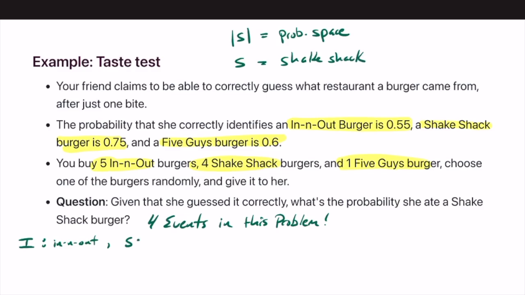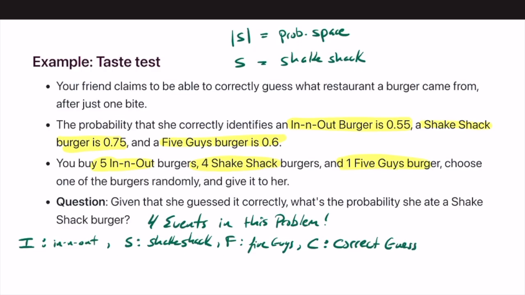Okay, so S is Shake Shack, and let's go F for Five Guys, and then we will have C for a correct guess as our other event.